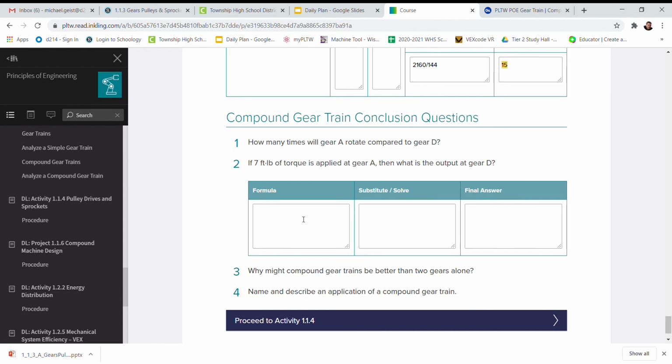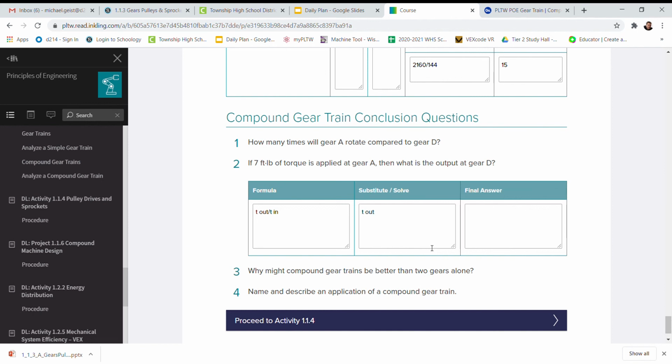Okay, and then here where it says 7 foot-pounds of torque is applied at gear A, the formula you would use for that is torque out divided by torque in. Okay, substitute and solve. All right, so for this one, we're going to look at what is the total torque out over the torque in. This is hard to do on a computer when I'm typing in a linear way, but I'm going to try it.